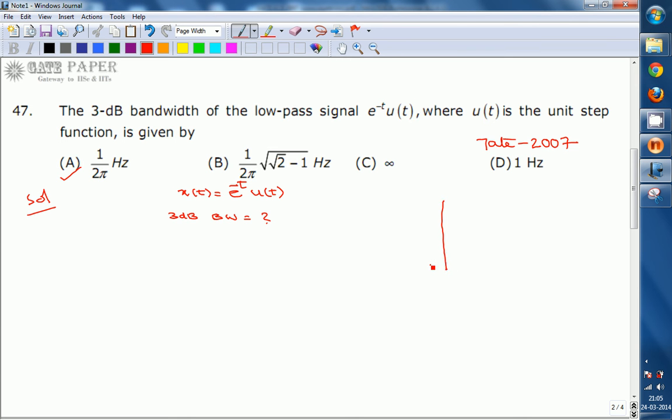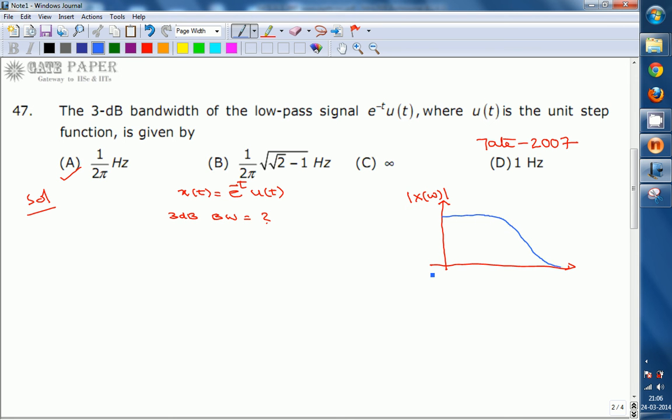By applying the Fourier transform for this given x of t, and taking the magnitude of the Fourier transform, represented with x of omega, we will get a low pass filter, so the magnitude spectrum looks like this.